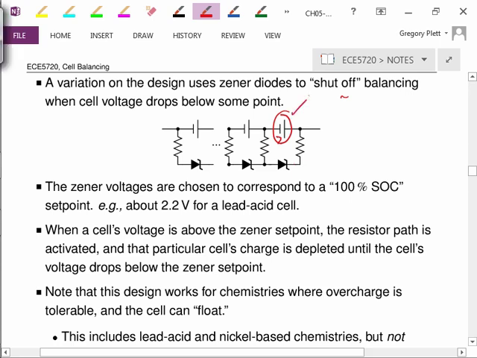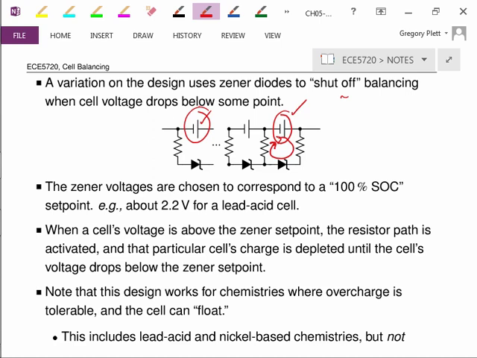So if this cell hits 100% faster than this cell does, then this path is activated and I start dissipating charge that way. And it allows this cell here, the low cell, to catch up in its state of charge while I'm charging this overall battery pack. This design works best for chemistries where overcharge is tolerable and the cell can float.